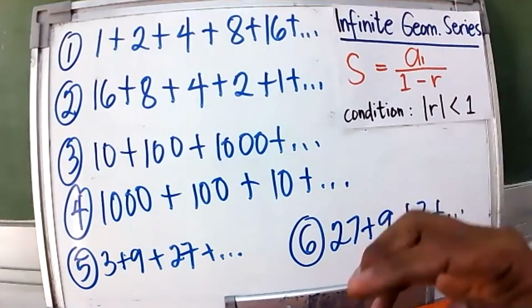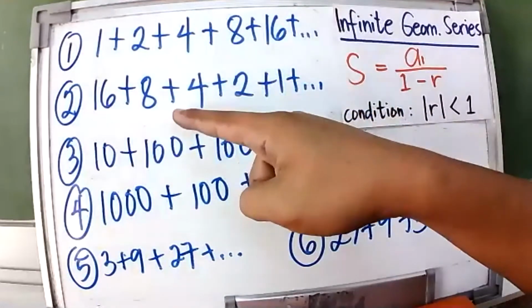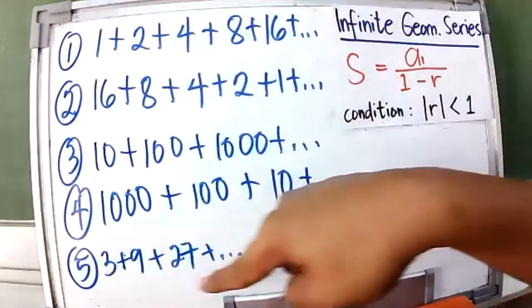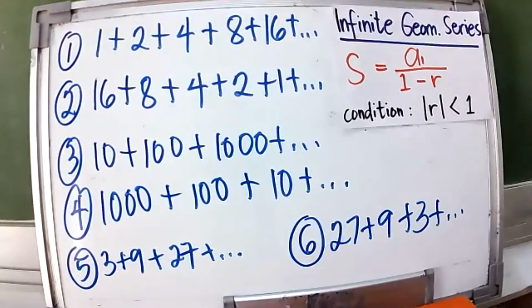Those that don't have a sum are those you cannot measure, because the numbers never end. Did you get the process? So, in our chat box, kindly type in which among these geometric series, only type the numbers 1 to 6, are infinite geometric series with sum. Go. Try it. I'm waiting.